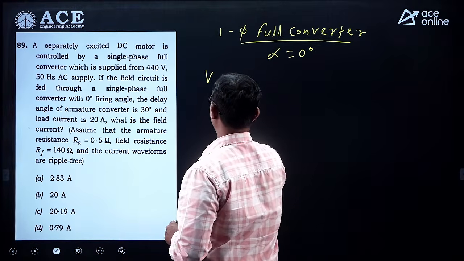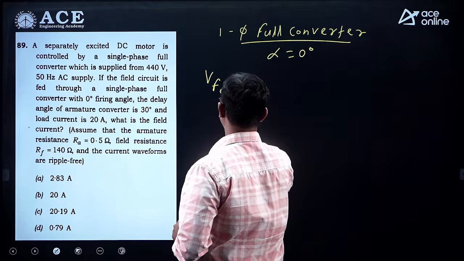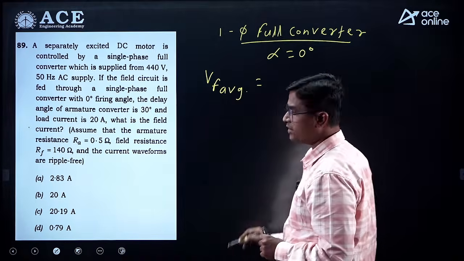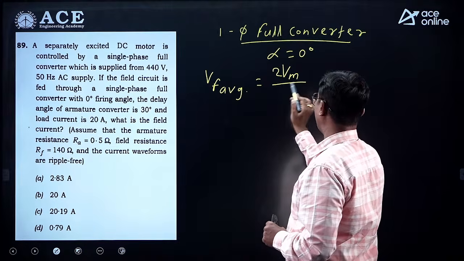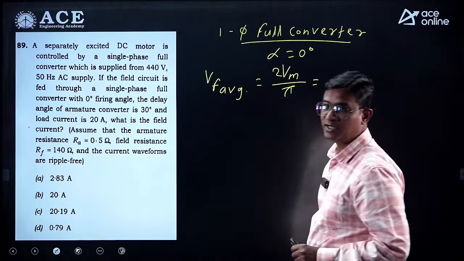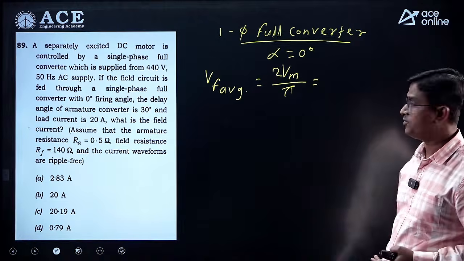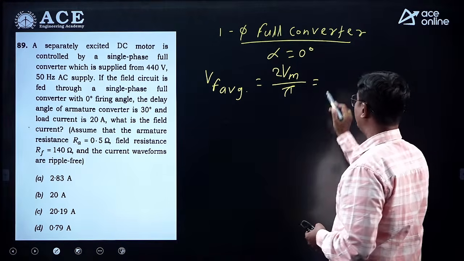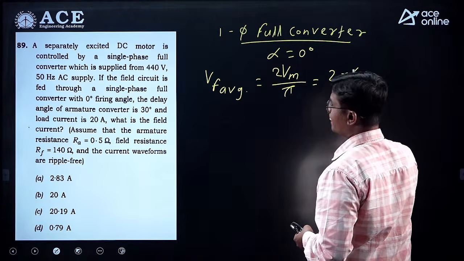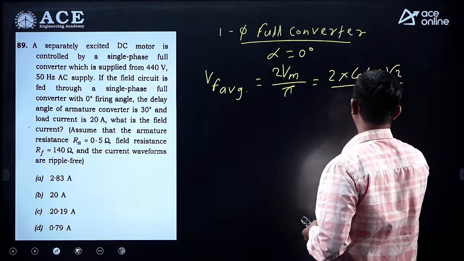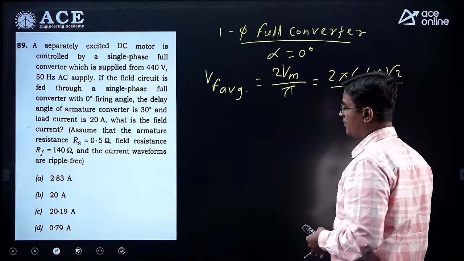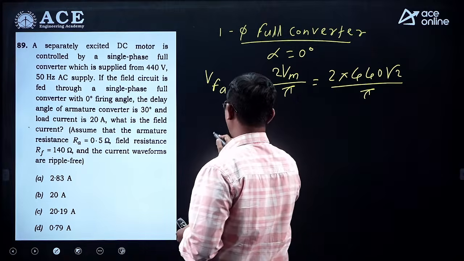So from that I can write the average voltage across my field winding, Vf average is equal to Vm by pi into 1 plus cos alpha. If you put alpha 0, you will get 2Vm by pi. So this 2 into Vm is 2 into 440 into root 2 upon pi. This will give me Vf average. And now from this I can find If average.